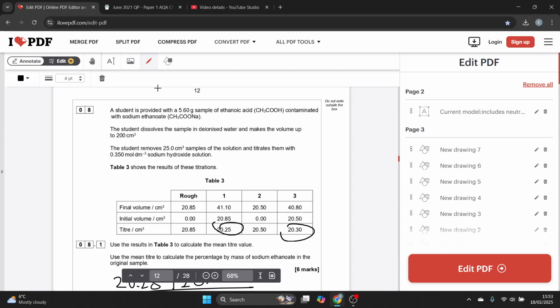So I find out the moles, 25 divided by 1,000 times 0.350, then times by 8 to make up 200 centimetres cubed.